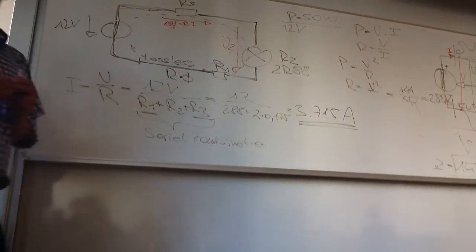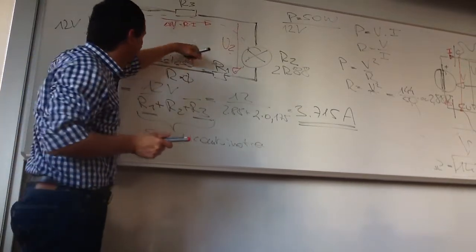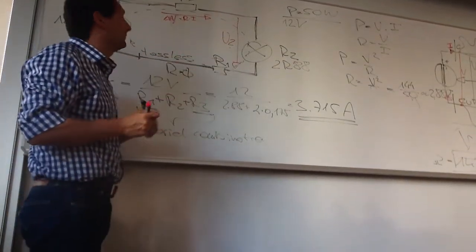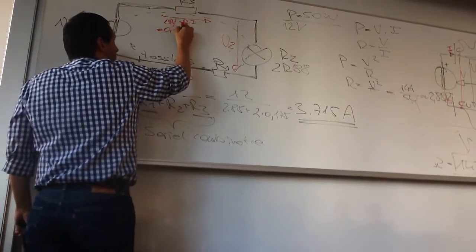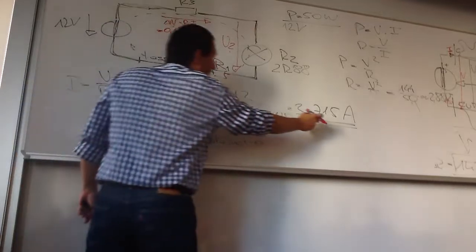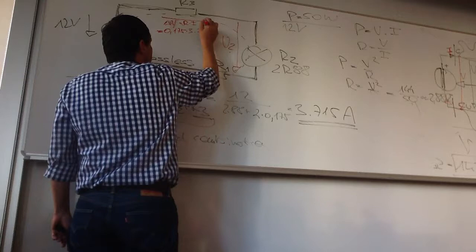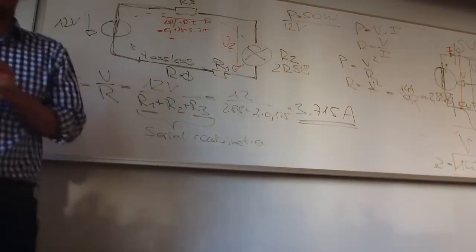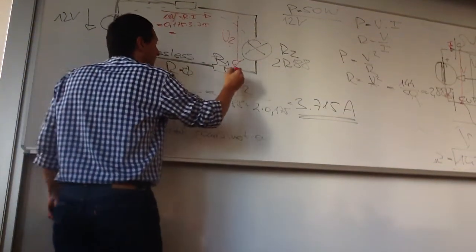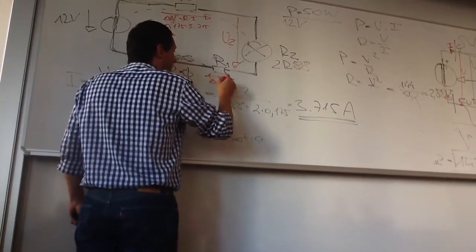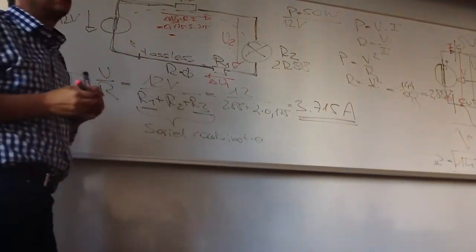We have one voltage drop here, and one voltage drop here. This we can calculate. It's 0.175 times our current, 3.715. And the same we get on the bottom side here: delta V1, delta V3.